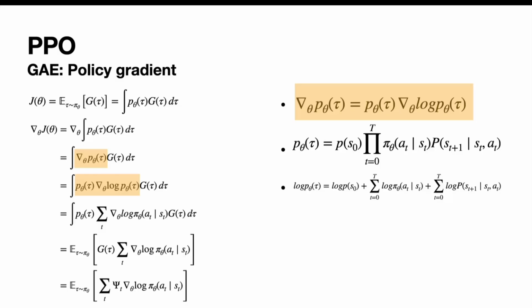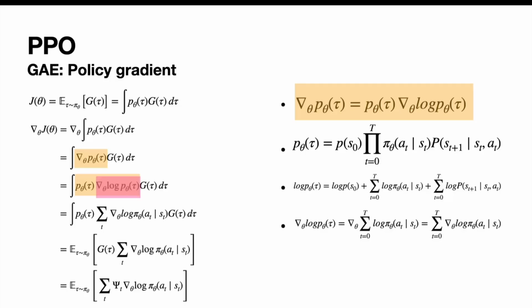The initial state distribution and the environment transition probability do not depend on theta. Therefore, when we take the gradient with respect to theta, those two parts disappear, leaving the gradient of the sum of log πθ of AT given ST. Since the gradient distributes over the sum, this becomes the sum over time of the gradient of log πθ of AT given ST.